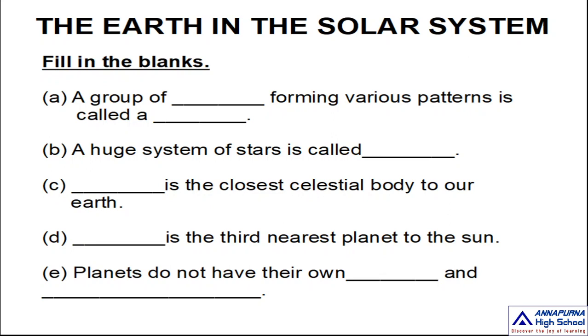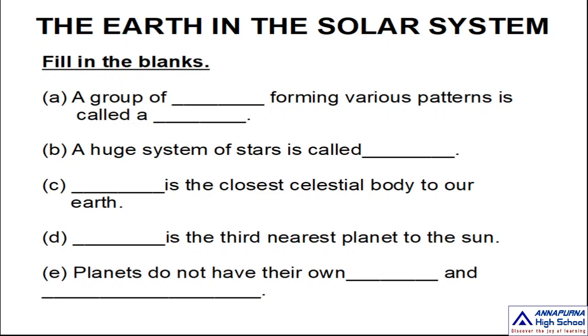Next, dash is the closest celestial body to our Earth. The celestial bodies, which are shining objects in the sky, are called celestial bodies. Dash is the closest celestial body. Yes, the Moon. The Moon is the closest celestial body to our Earth.